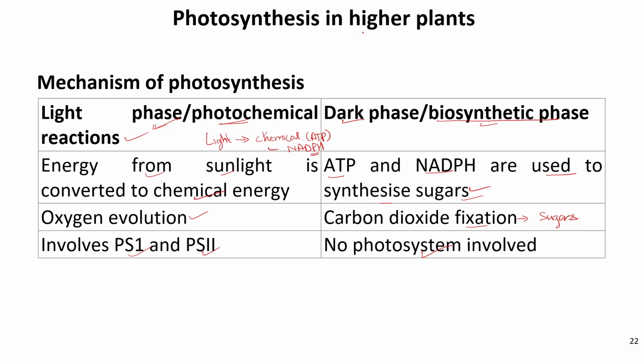Here we have the light reaction, which produces ATP and NADPH. These are utilized in the dark reaction to produce carbohydrates.